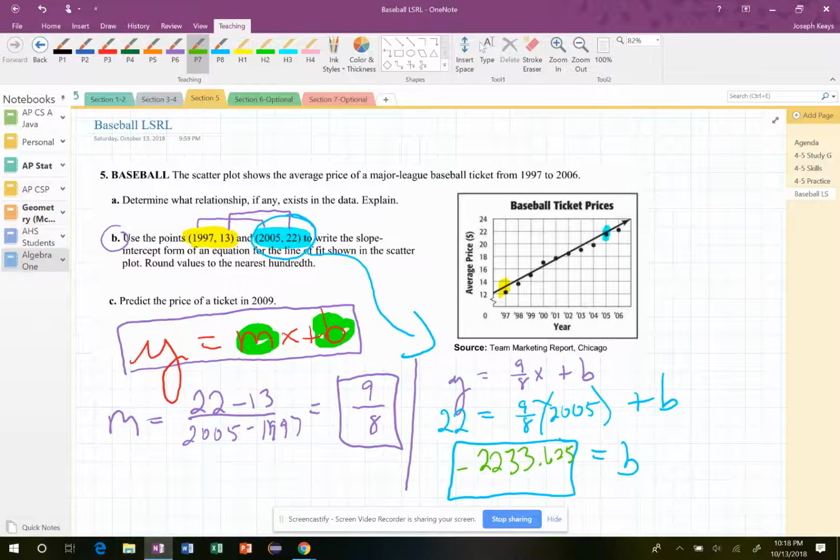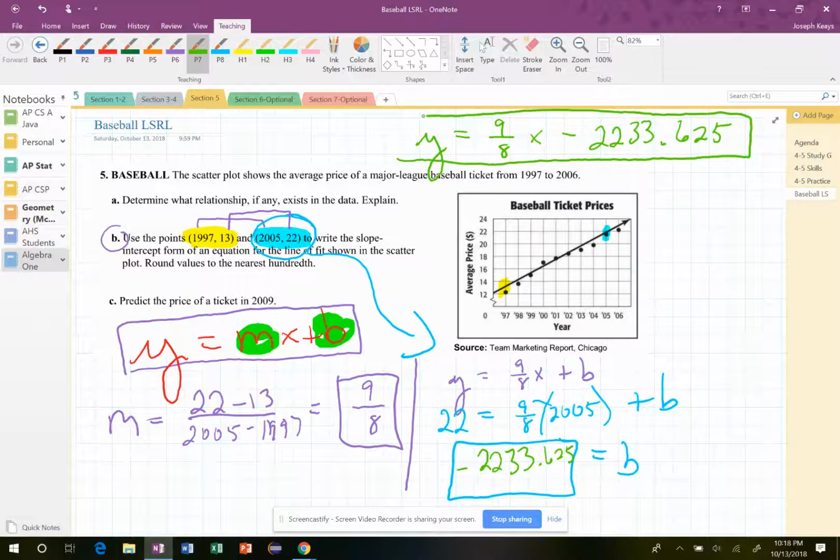So we are looking for one final answer in here. So y equals 9/8 x, and you can put this in decimal form if you choose, minus 2233.625.